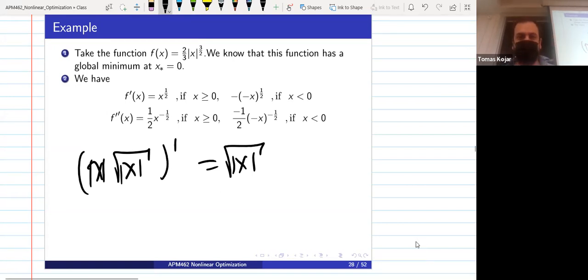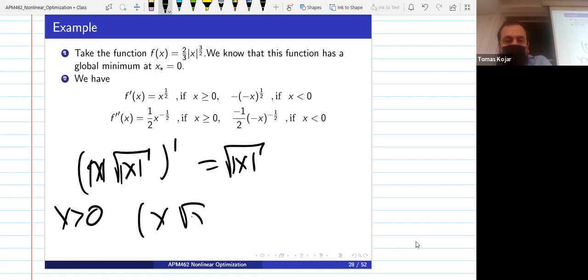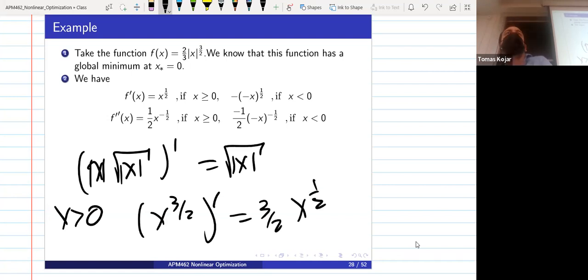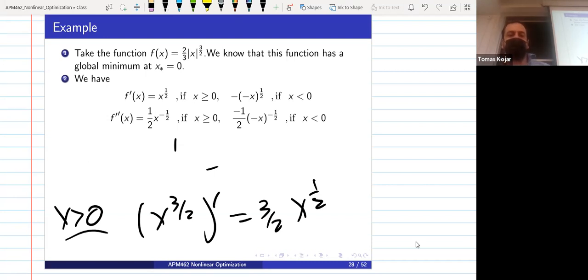Let me do it with you because it's easier. So let's do the x positive case. So you have x and then you have square root x. Now let me do 3/2. Why am I killing myself? So take derivative of this, and you have 3/2. And then you have a half, right? Yeah, just split cases is a lot easier.